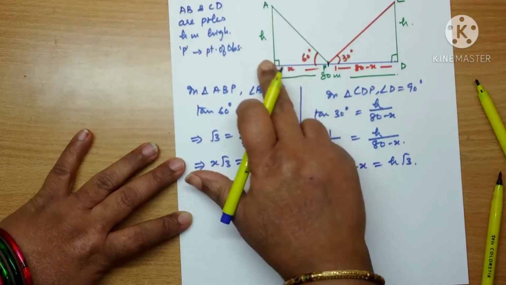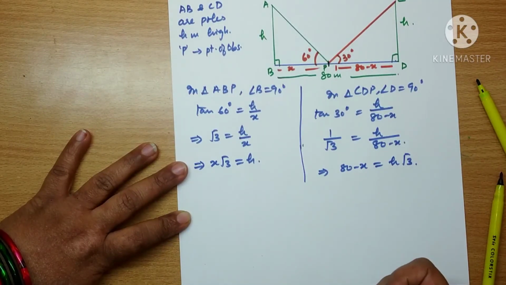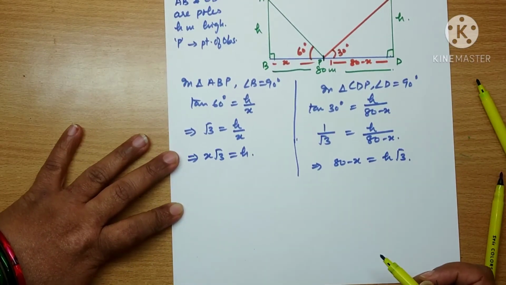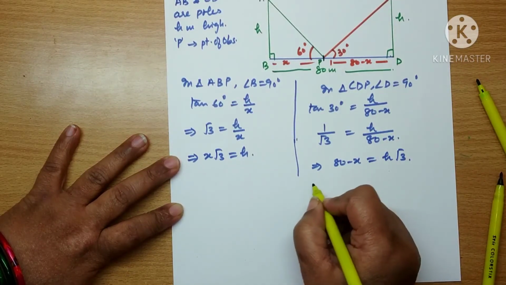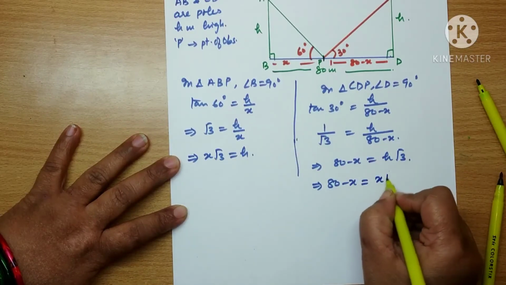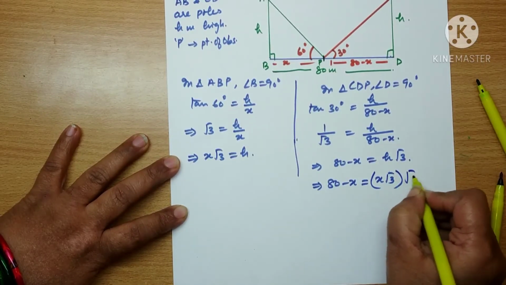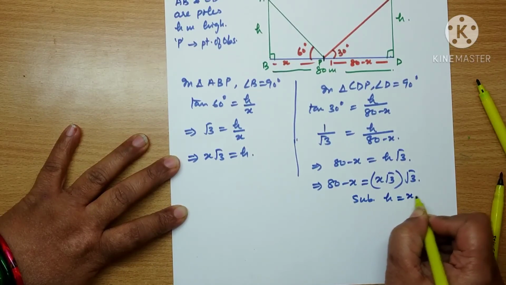Now since we are interested in finding both h and x, you can substitute whichever value you want. So let us substitute the value of h here. This implies 80 minus x is x root 3 into root 3, substituting h is equal to x root 3.